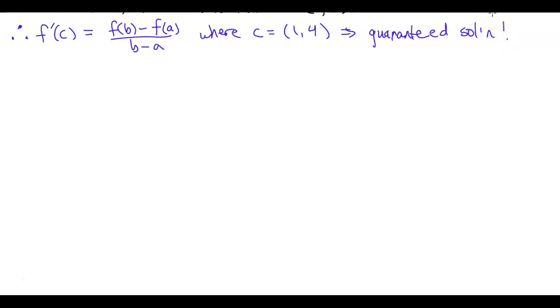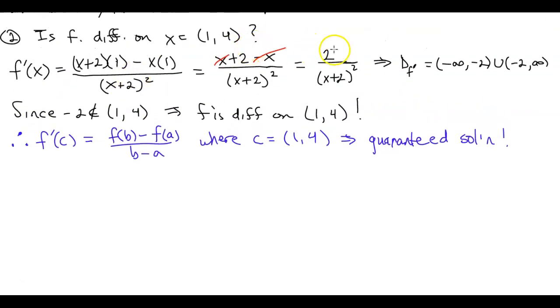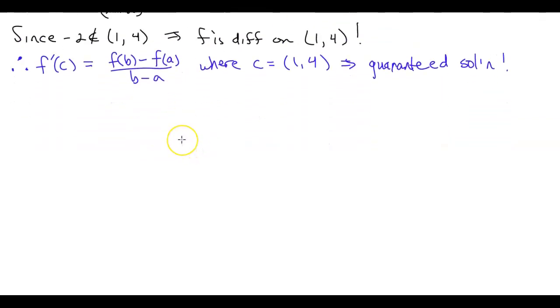To do this, we already know the derivative of our function f because we found it up here. It's just 2 divided by (x plus 2) quantity squared. So here this is going to be 2 divided by (c plus 2) quantity squared, replacing the x with c. If you remember, a is 1, b is 4.